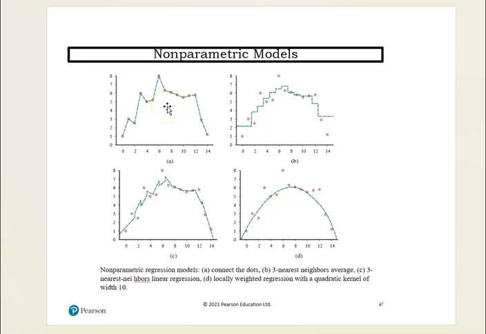Obviously, as you can see, this is overfitting the data by just passing through the points, and might not generalize very well to new data points.